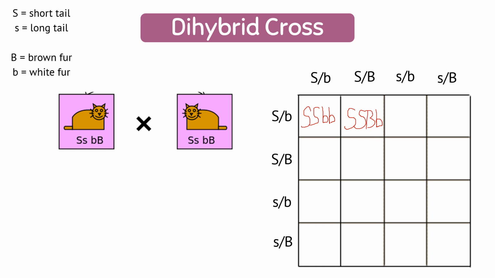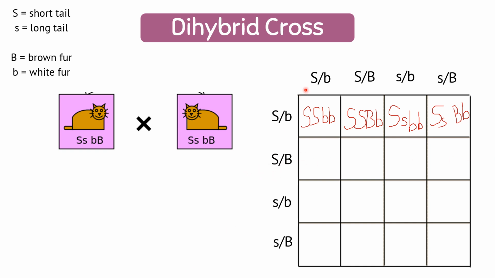So let's keep going. I'm going to keep going down this row. So we've got capital S, lowercase s, lowercase b, and I'm just going to keep going through this and move on to the next row.